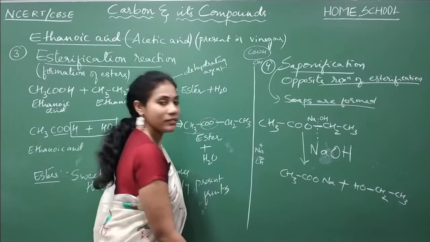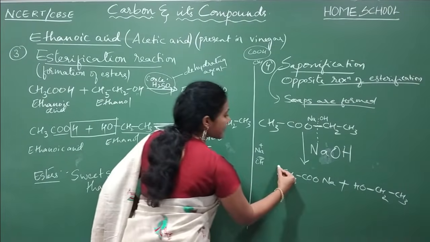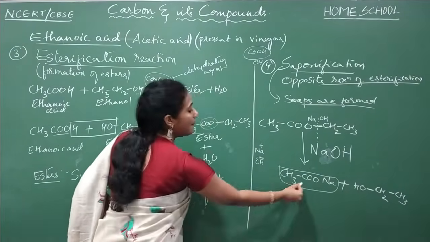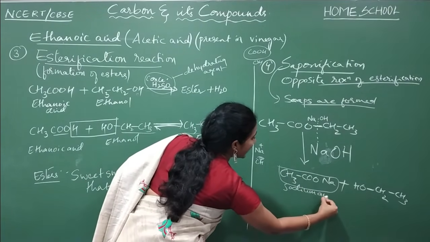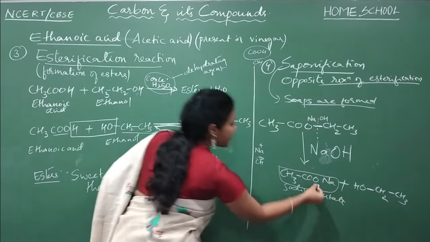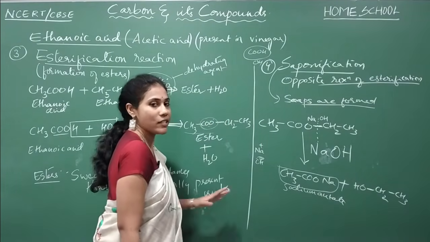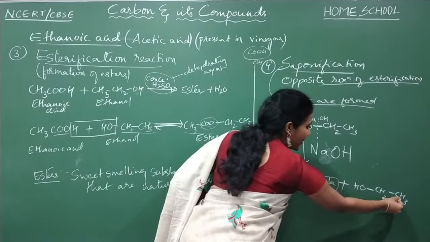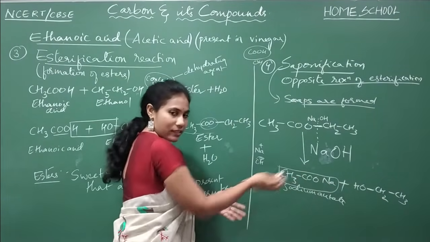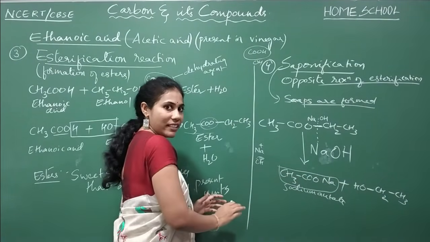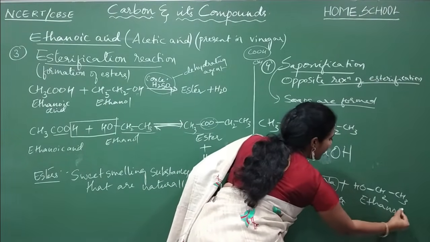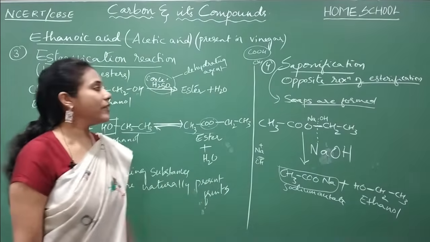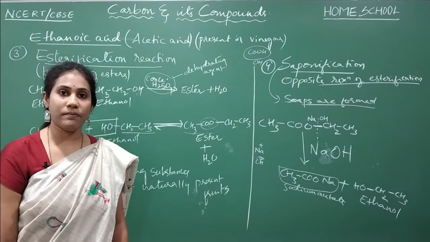Yes or no? Sodium acetate, we say. We have seen this compound already in case of alcohol. And what is this? CH3CH2OH. Opposite we have written. Okay, what is this? Ethanol. So this is what we call saponification.